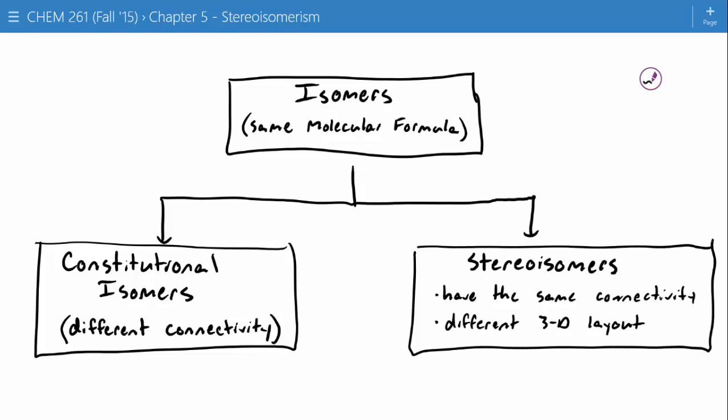So let's talk a little bit about stereoisomers, and specifically we're going to talk about the idea of stereocenters and chirality.